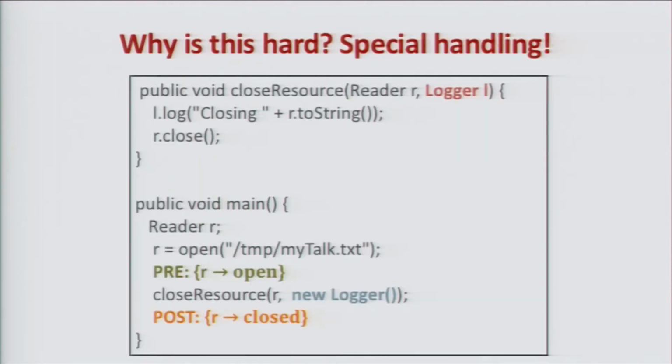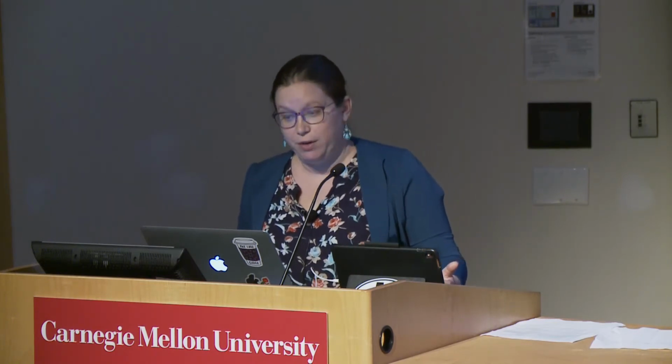But it's hard because developers often don't just call close when they're managing resources. We see this again and again in the projects that we look at: developers often create custom handling code or custom resource management code to do extra things like logging when they're manipulating resources.